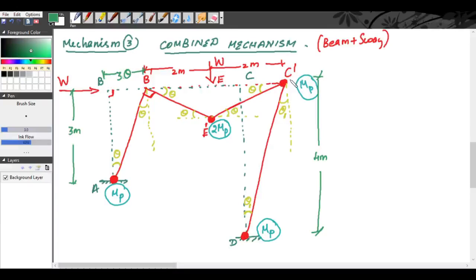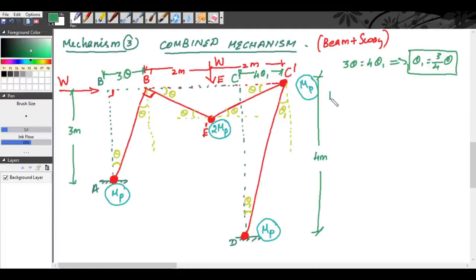Therefore, CC dash will be equal to 4 theta 1. Now we know 3 theta is equal to 4 theta 1, from which we get theta 1 is equal to 3 by 4 theta. Because this is just shifting, B dash will be equal to C dash. So theta 1 is equal to 3 by 4 theta.